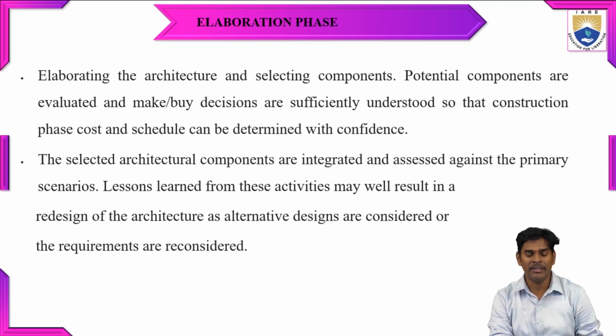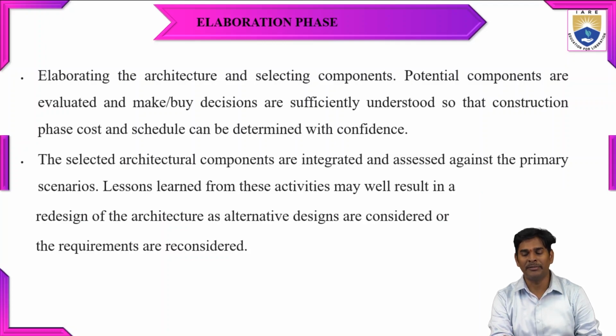And the next one is elaborating the architecture and selecting the components. Selecting the components is very important in the architecture because they need to check the various potential components to evaluate, and they need to take the decision whether to make or buy. The decisions have to be clearly understood.